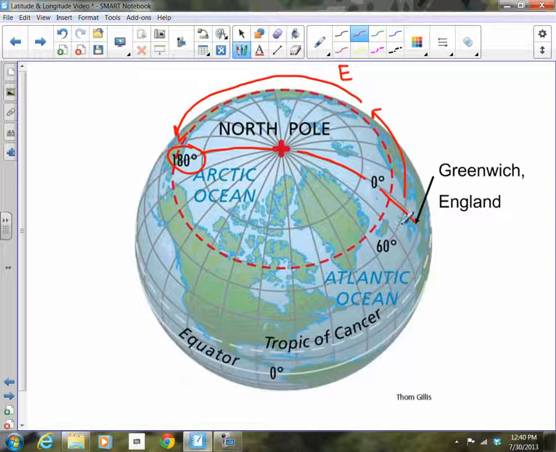If we start at the prime meridian and we travel westward, our longitudes also would be getting higher and higher until we reach 180 degrees, again, the International Date Line. So this side where North America is, this is all the Western Hemisphere. So again, increasing longitude means we're moving away from the prime meridian, either towards the east or towards the west.